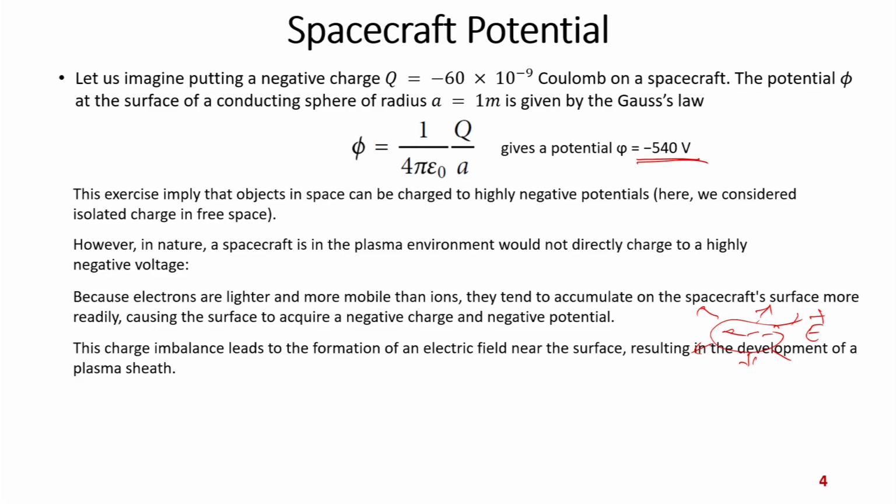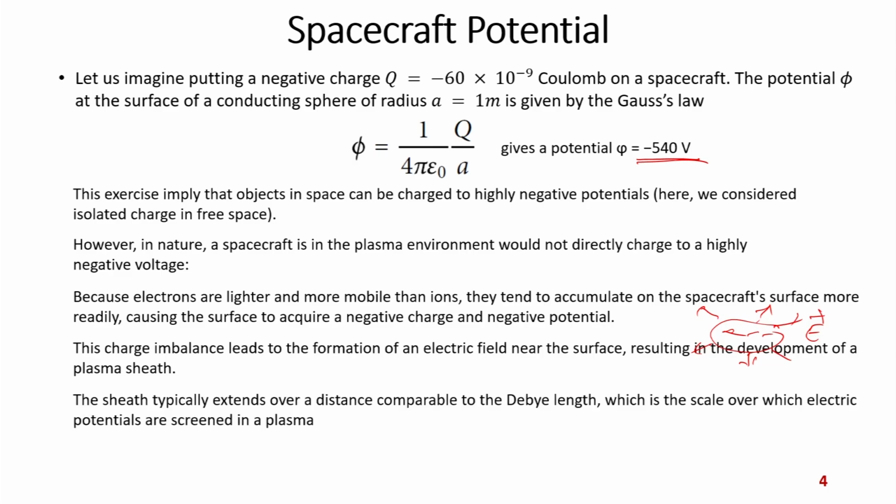Because of this imbalance, there is a plasma sheath, and the characteristic dimension of the plasma sheath is the Debye length. So once the spacecraft is in the plasma environment, it will be charged because of this phenomenon, which we already explained previously.